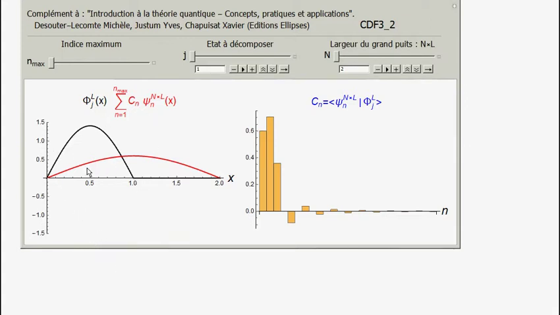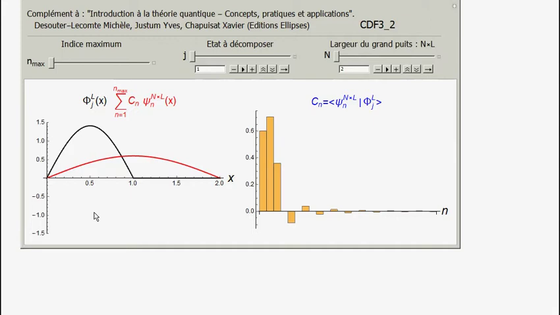At that moment, the function is no more an eigenstate of the new well. The eigenstates are the acceptable sine functions for the large well, and they are delocalized over the whole region. They are represented in red. At the time the well is enlarged, the black function is a nice example of a superposed state or a non-stationary state.